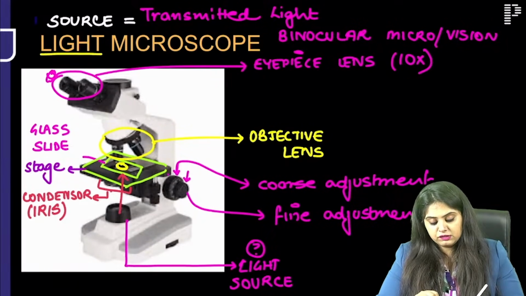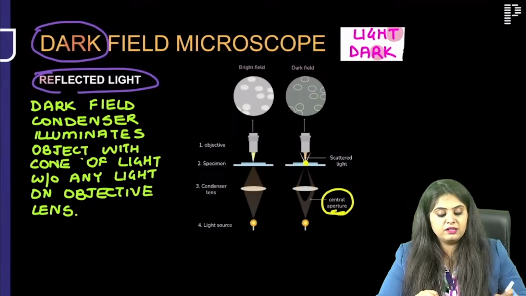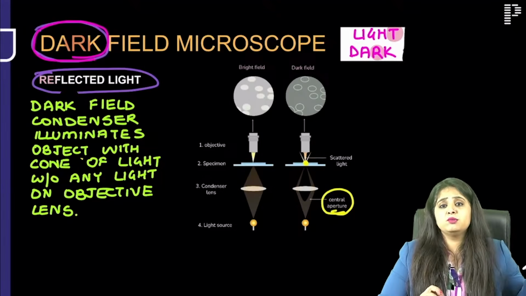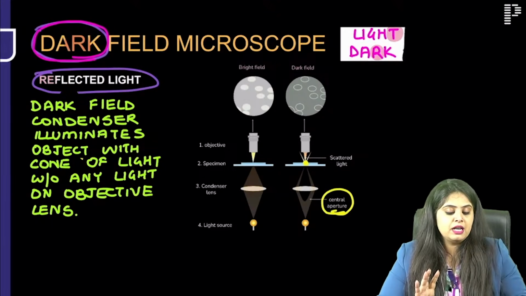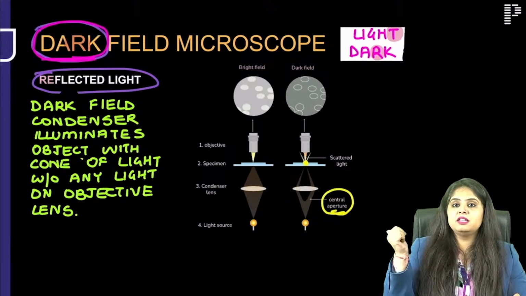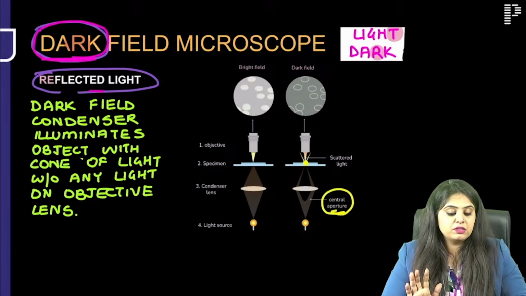The reason I'm telling you this is because now I would want you to understand what a dark field microscope is. In a dark field microscope, you will say, ma'am, earlier everything was light and bright. Now everything in the microscope will become black, like this PPT screen, everything in the background will be black, because the light you are now using is reflected light.